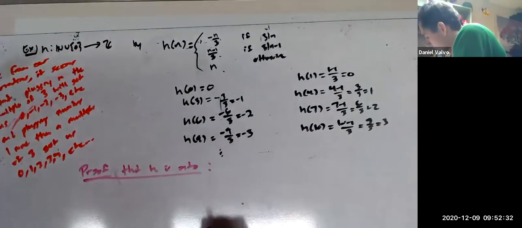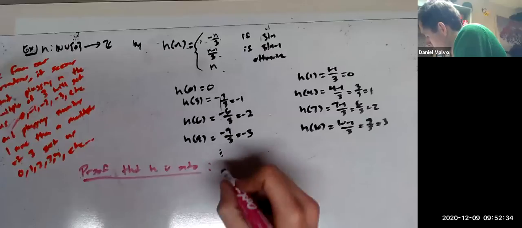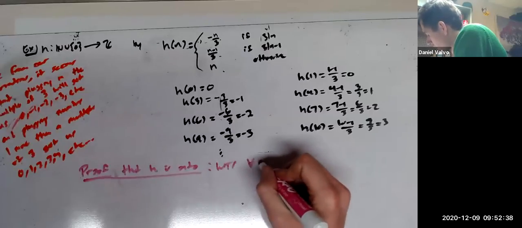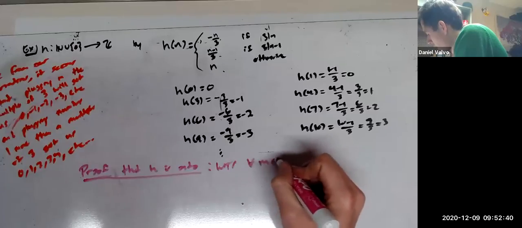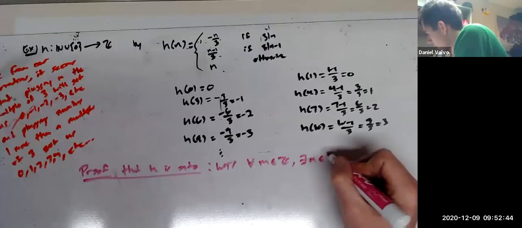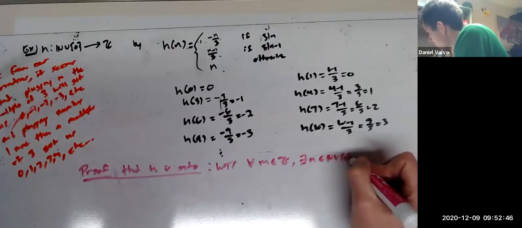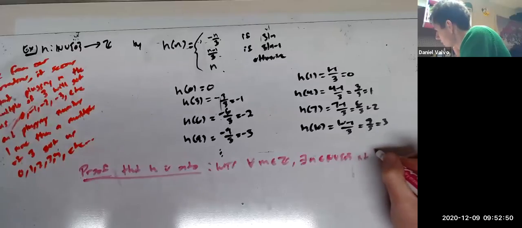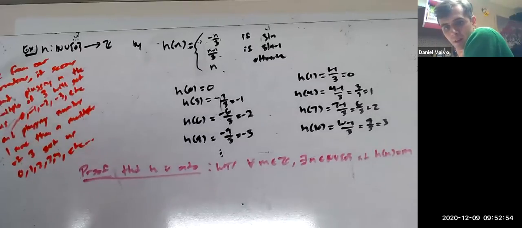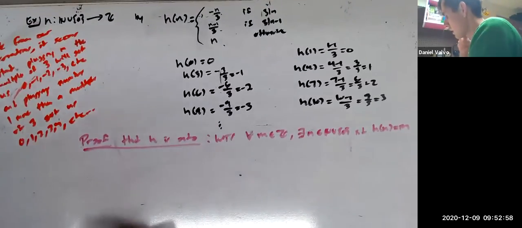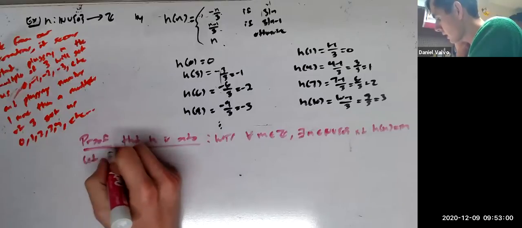So the proof goes like this. Again, remember, we want to show for all m in our codomain Z, there exists an n in the natural numbers union 0, such that H of n equals m. That's what we're trying to prove.